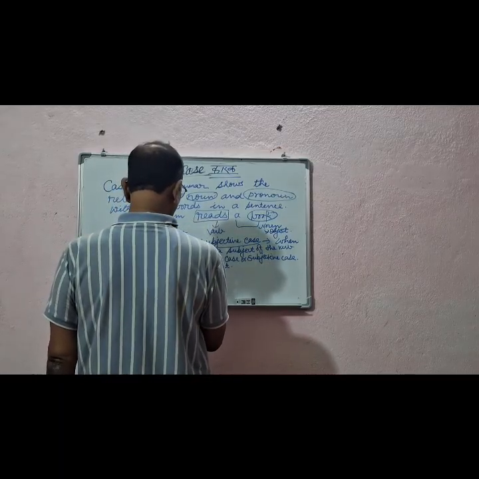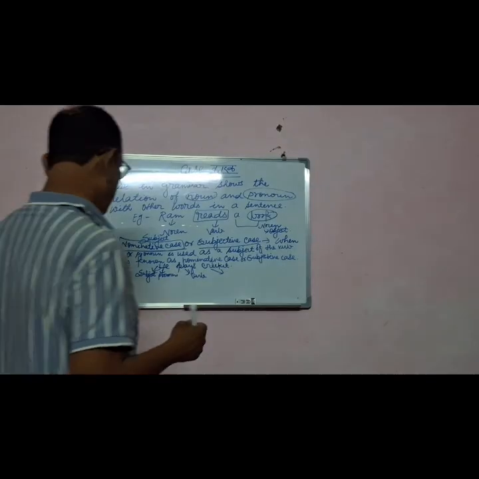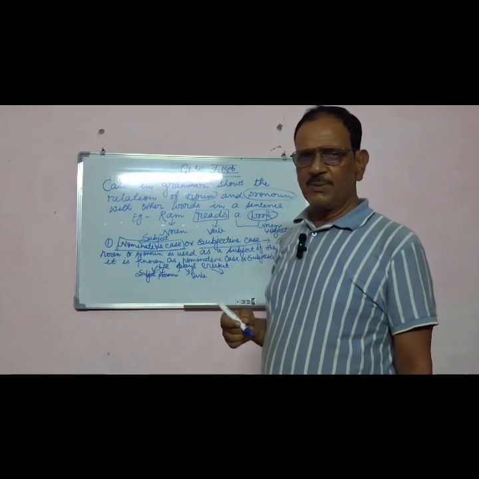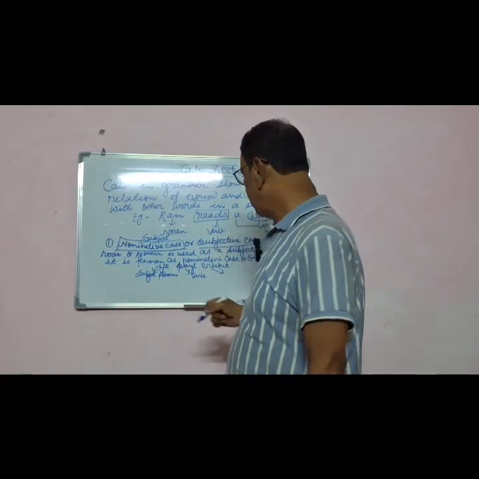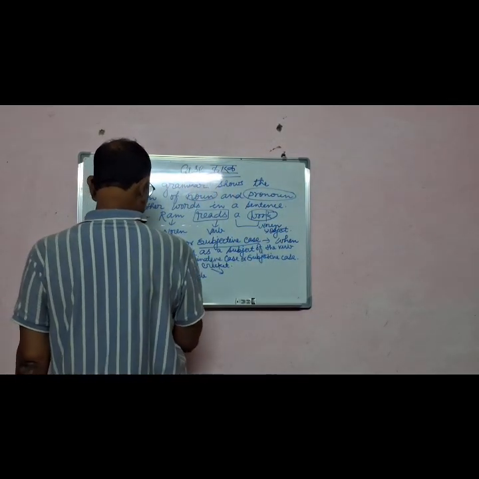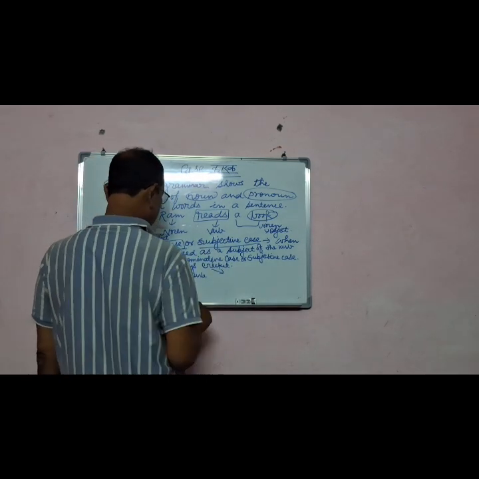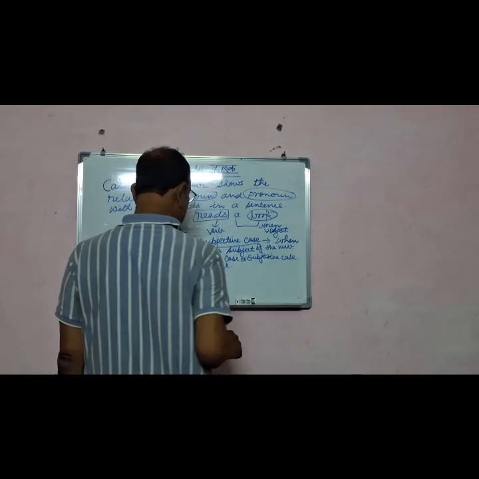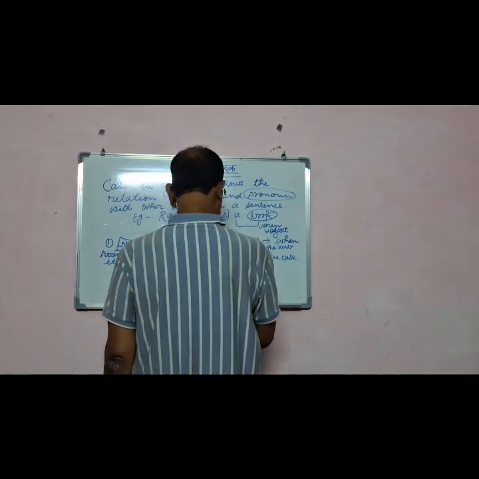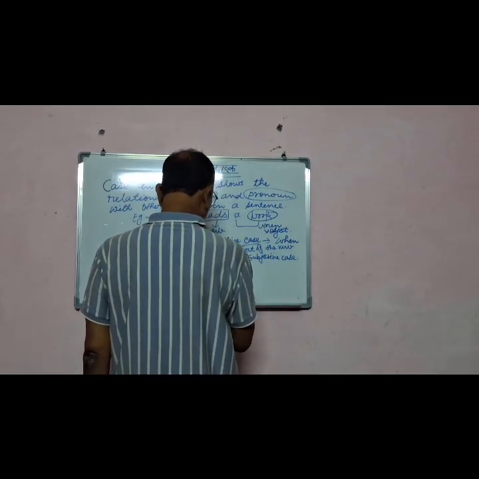This plays is a verb, and this cricket is noun as well as it is an object.